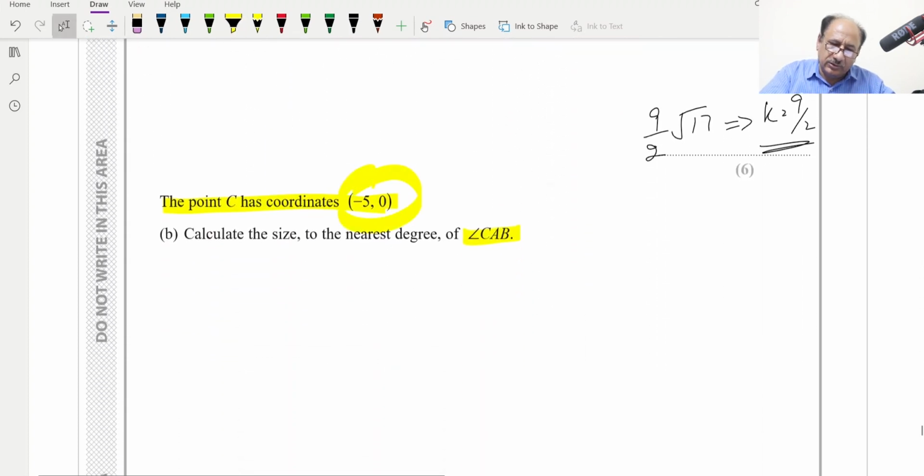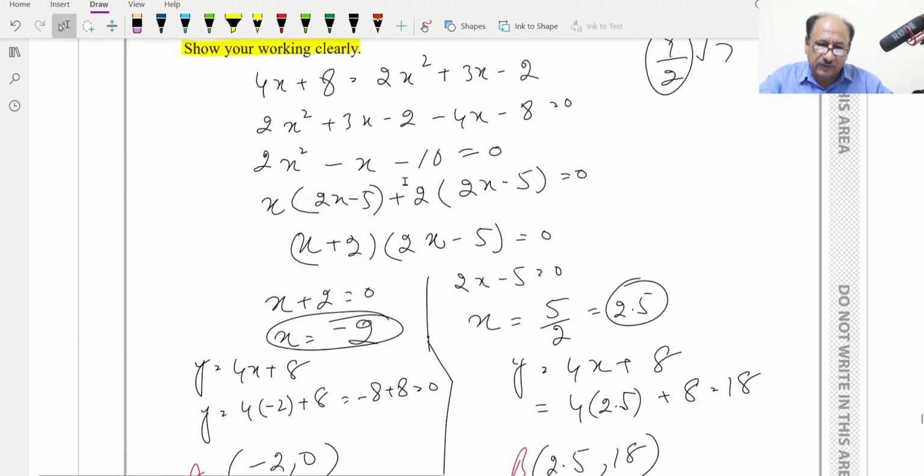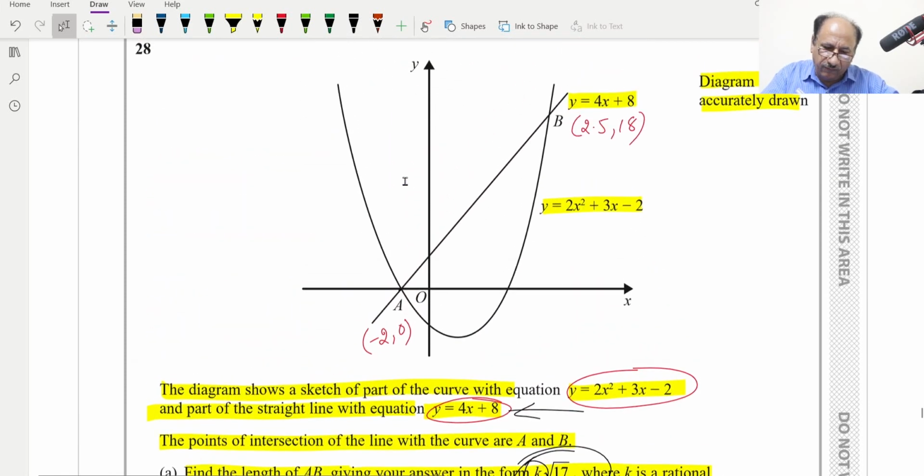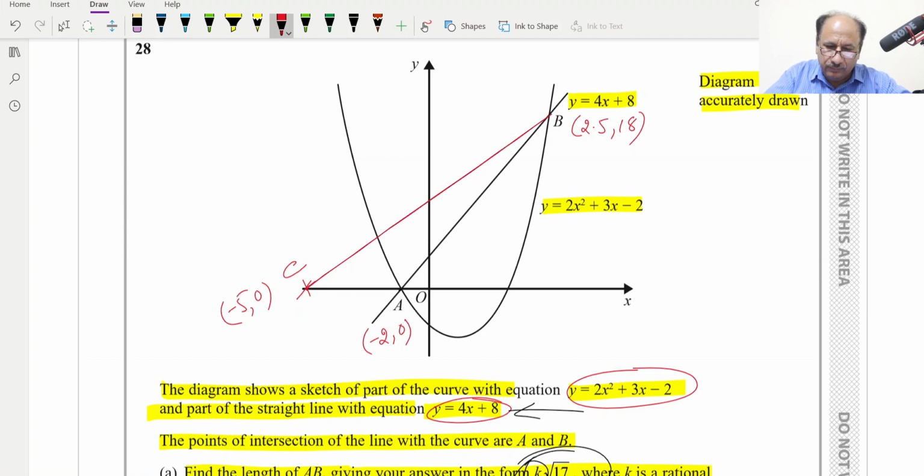This is basically C point. First we will identify -5 and 0, so we take it over here, this is C point, and we will have to join C with B, and this will be CB.